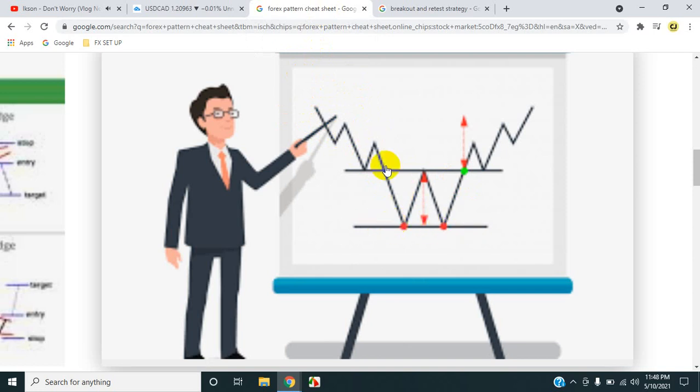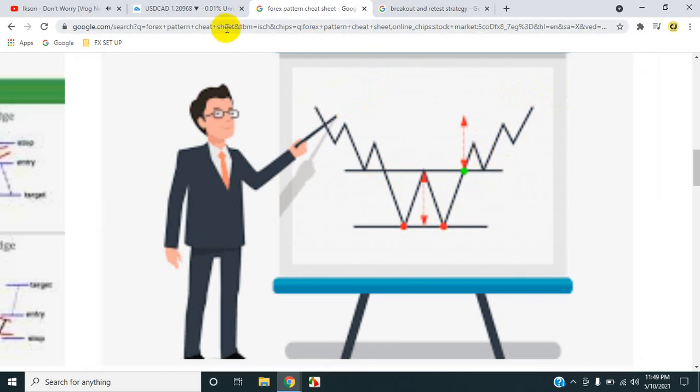Within that area of support, it created a double bottom, first leg, second leg, third leg, fourth leg, broke out of the area of resistance, came back to retest once, twice, back at levels of highs for the third time where previous was.